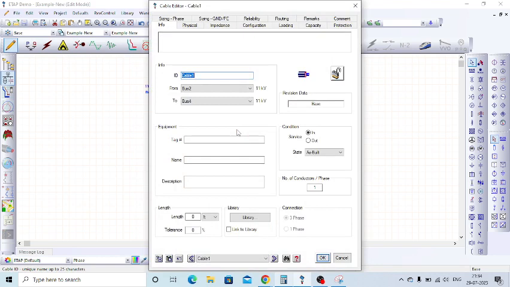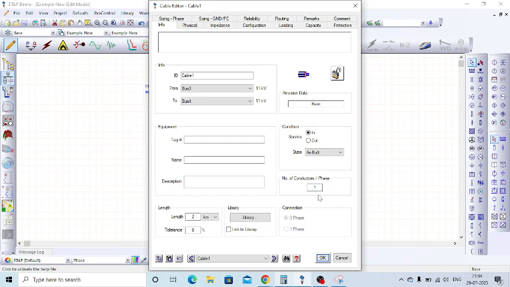For modeling the power cable, we just have to open it. First, in the info page, we enter the ID and the from and to buses. Then the cable length. Let's consider a 2 kilometer cable. The units available are feet, mile, meter, kilometer. Then the number of conductors per phase, that is the number of runs per phase.